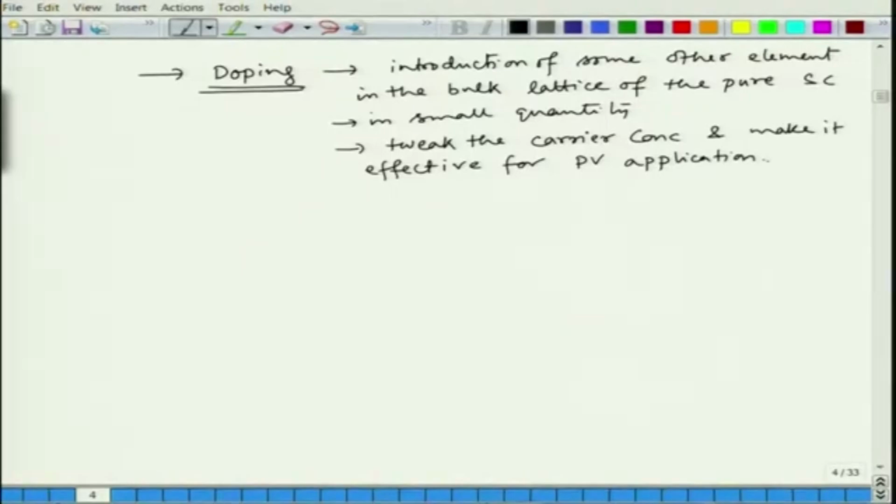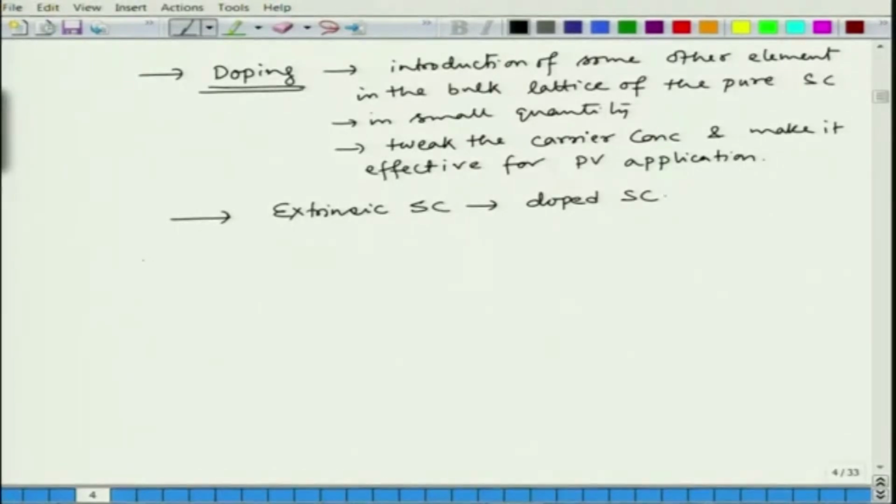Okay. So, that is the part of it, and whenever we have introduced doping, we cannot call it intrinsic anymore. We will have to use another term which is called extrinsic. So, that is called extrinsic semiconductor or doped semiconductor.